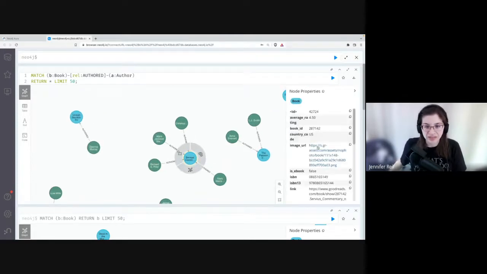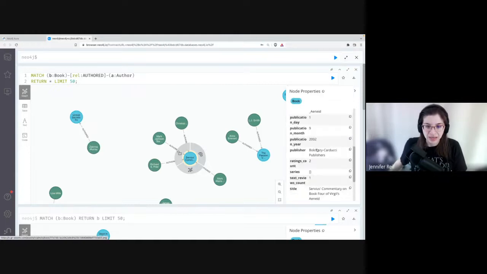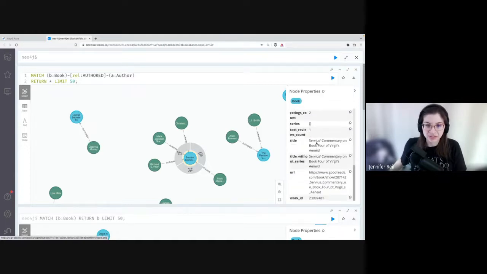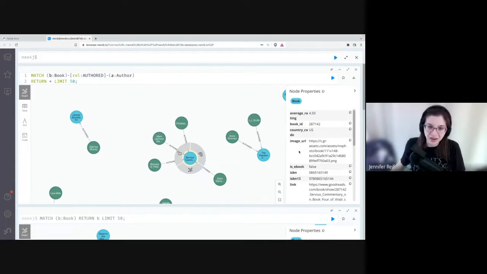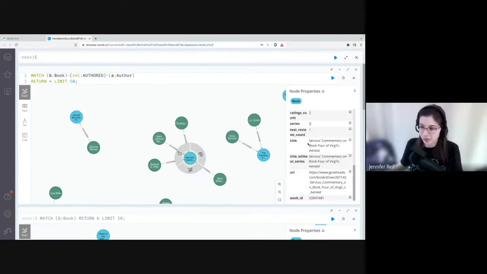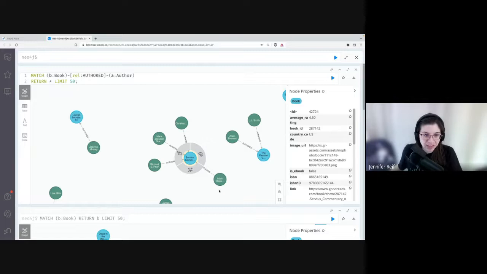So if I click on this and kind of look at it, it is Servius's commentary on Book 4 of Virgil's Aeneid. Not sure how to pronounce that, actually. I'll have to go study that up now. But you can see we have 4 authors. But if you look at this, you'll say, oh, it's a commentary. You probably have more than one author because they're each kind of providing their own comments as they work through the book itself. And so this is something that might be interesting, or maybe you'd want to study.